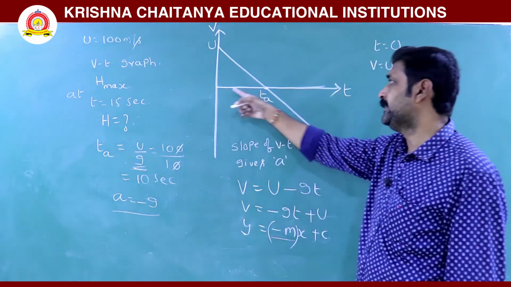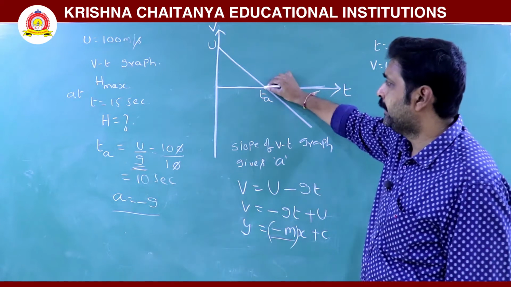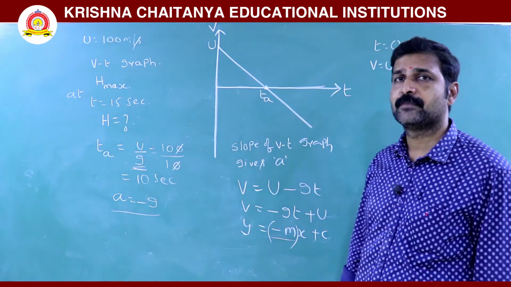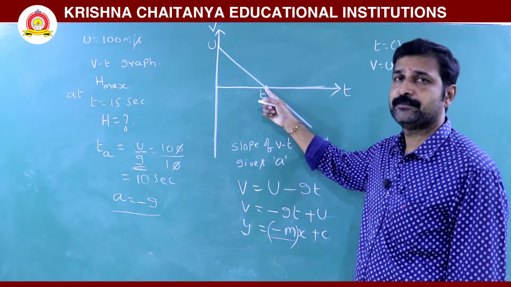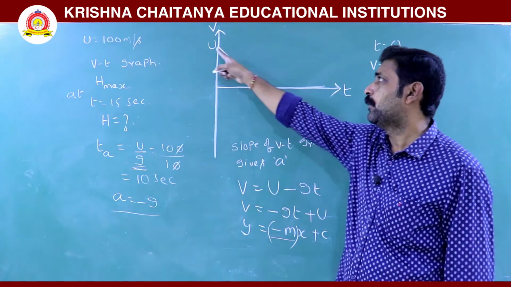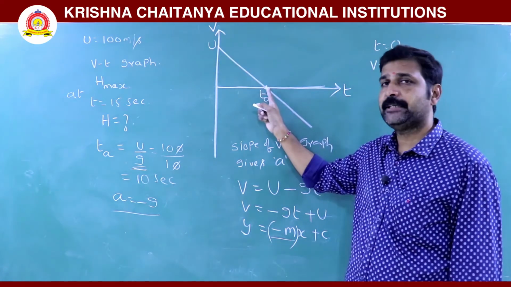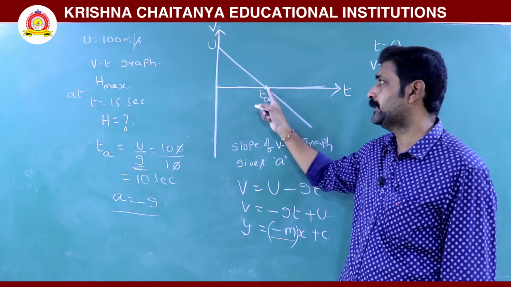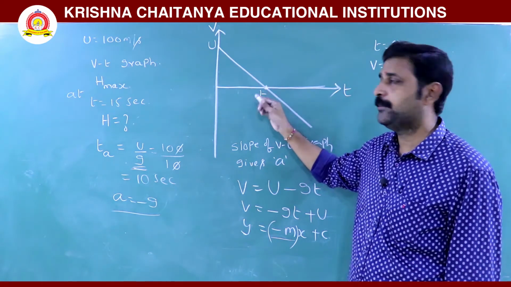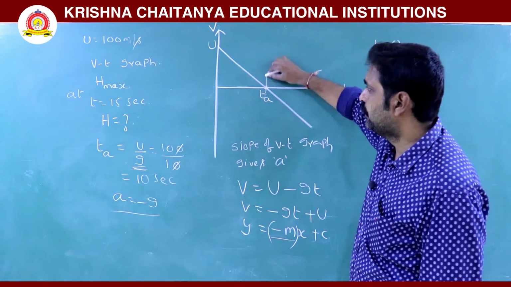And as time increases, finally in the upward direction, the final velocity becomes 0. This is the point where the y-coordinate becomes 0. The y-coordinate is velocity. Velocity becomes 0. So up to here this is the upward journey.